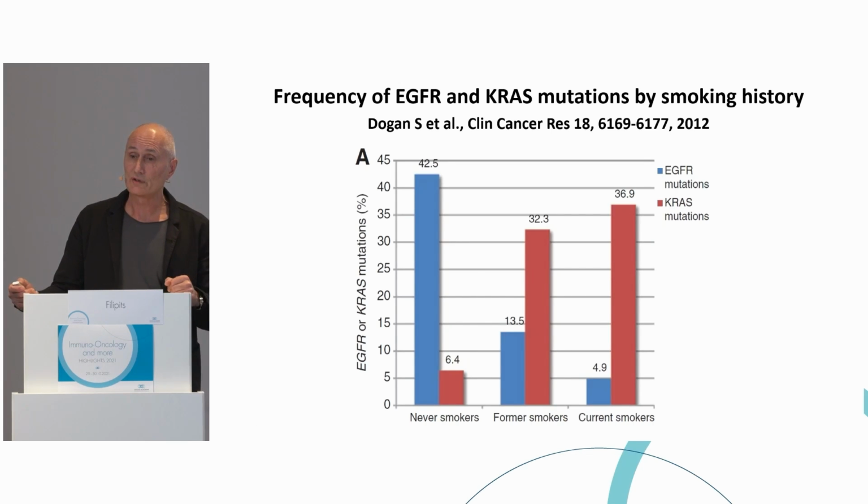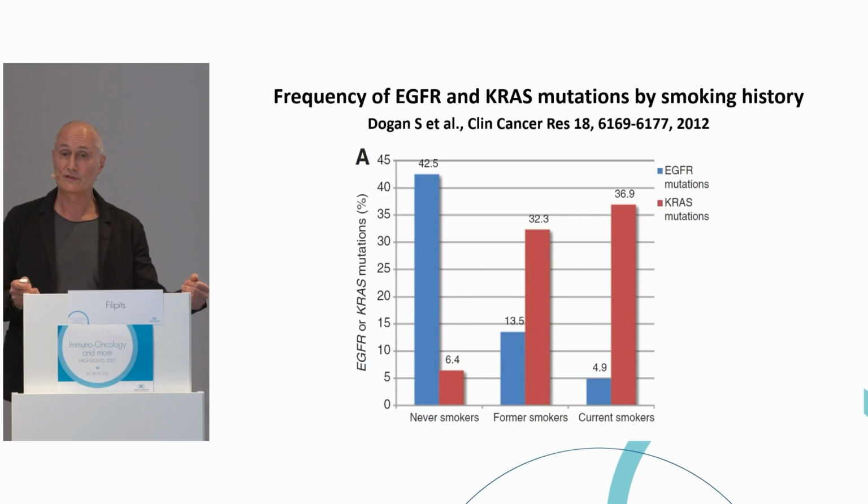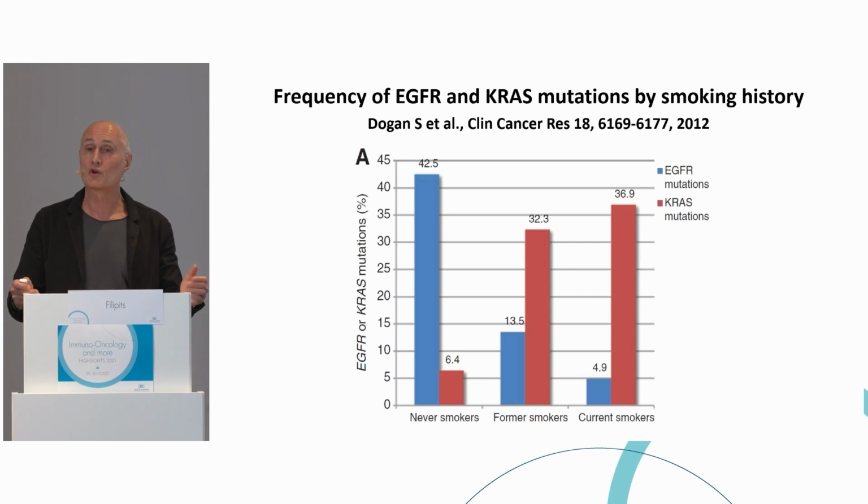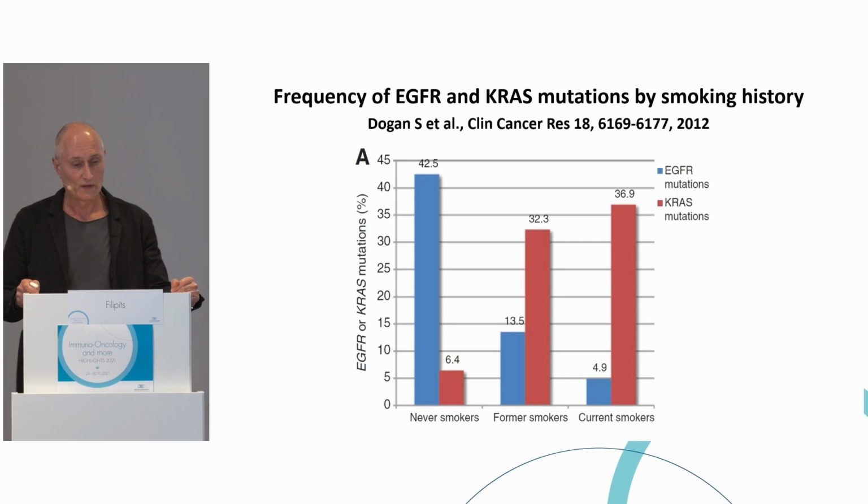Why is this important? Because never smokers are expected to have better genomic profiles compared to patients who smoke. There are more aberrations, more mutations, and maybe they are more difficult to treat despite this fact. So KRAS mutations are more often present in smoking people.